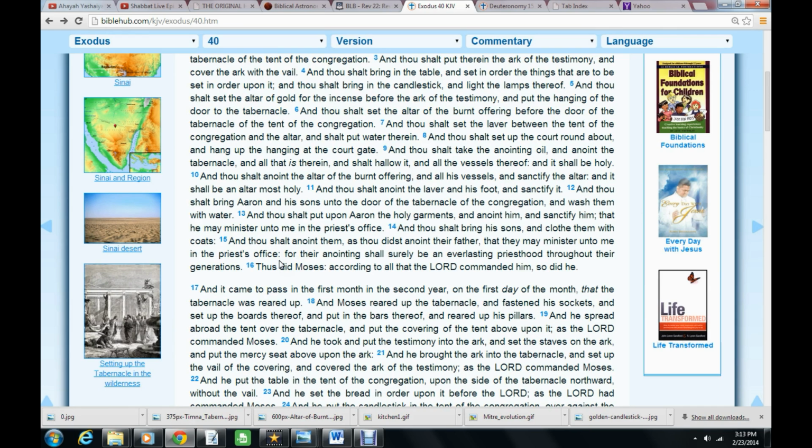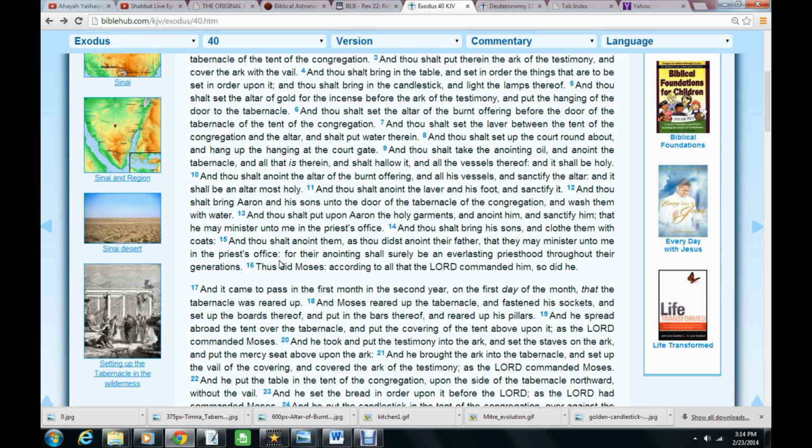And thou shalt bring Aaron and his sons unto the door of the tabernacle of the congregation, and wash them with water. And thou shalt put on Aaron the holy garments, and anoint him, and sanctify him, that he may minister unto me in the priest's office. And thou shalt bring his sons, and clothe them with coats.